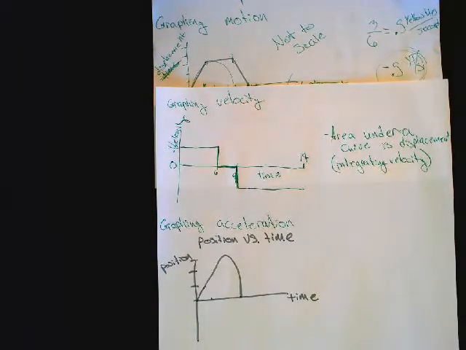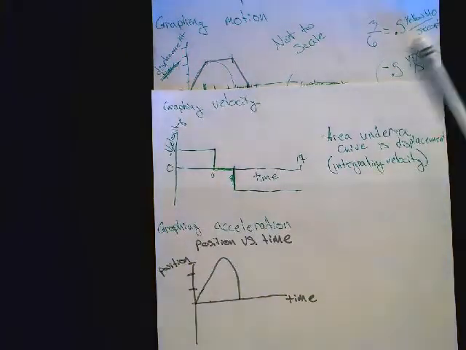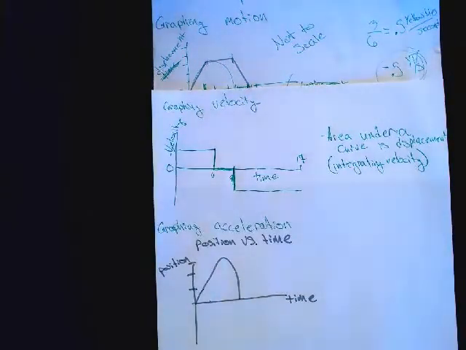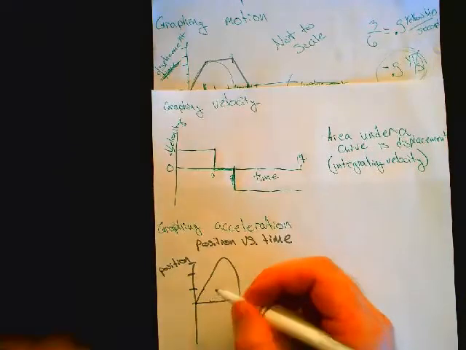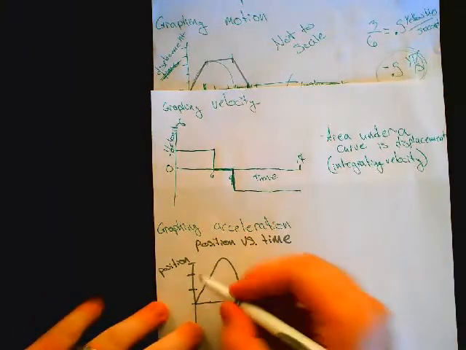So 1 second, 2 seconds, 3 seconds, 3 seconds, 2 seconds, 1 second. That's way easier to do. That's why it was so hard to do the first time. It's a Tuesday. All right.